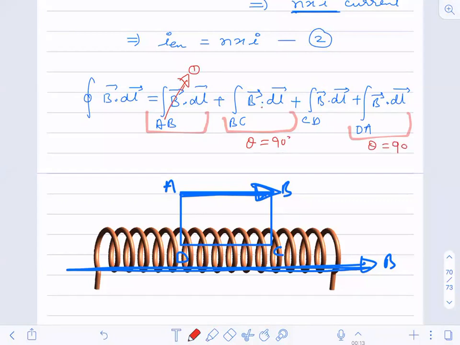Now, because this is a dot product, you will use cos of 90. So cos 90 becomes what? 0. So this also 0 and this also 0. They both become 0. You will only have a value for this.